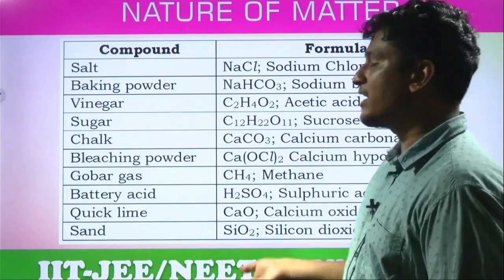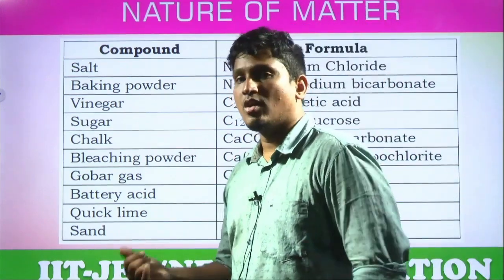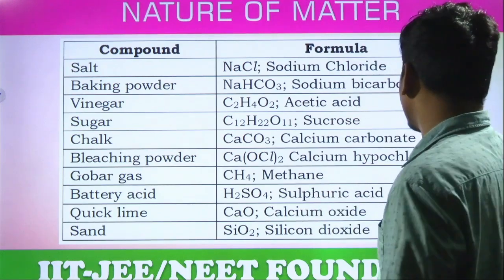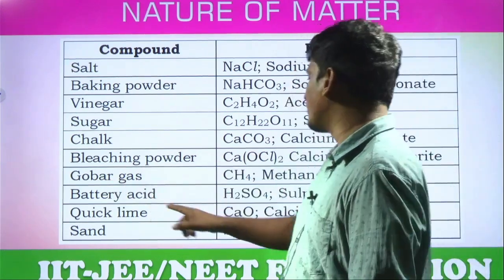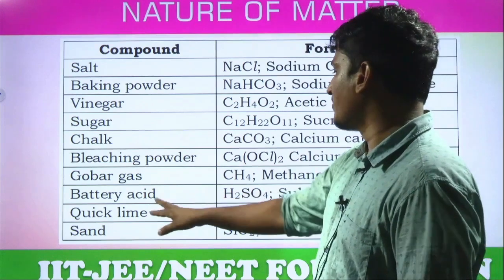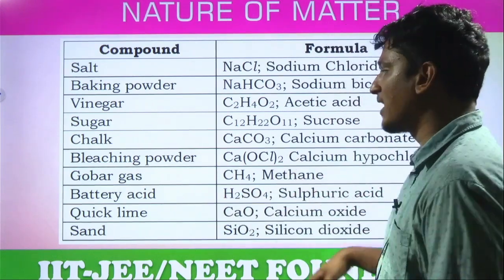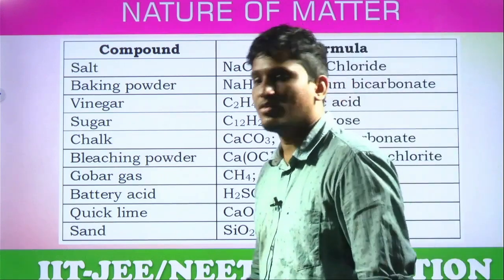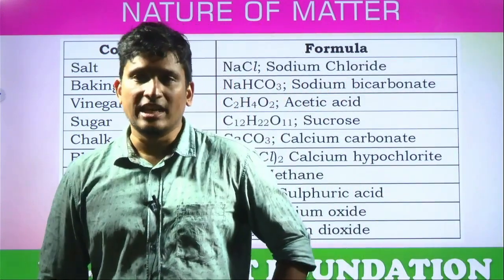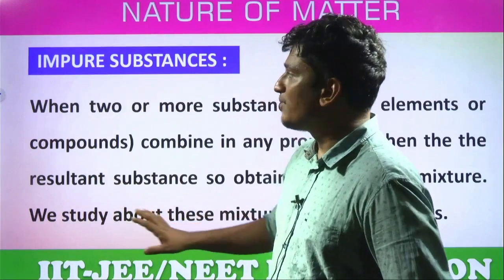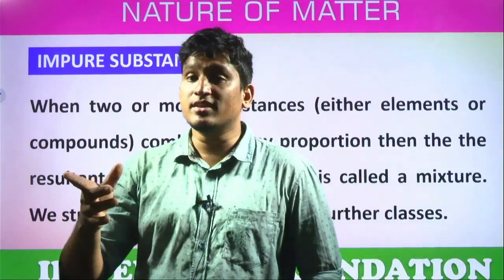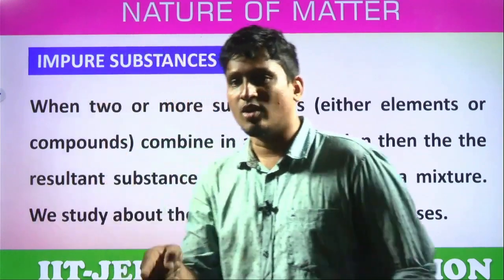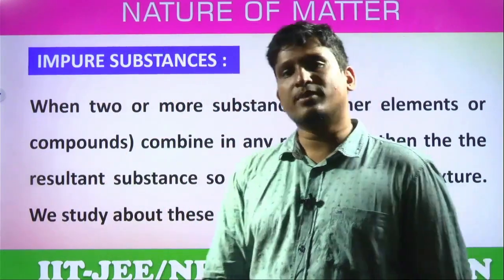Bleaching powder, CaOCl2, students, calcium oxychloride, it's not hypochlorite. Next, gobar gas, methane, right? Next, battery acid, H2SO4, sulfuric acid. Quicklime, CaO, calcium oxide. Sand, silicon dioxide, SiO2. It is made up of silicon dioxide. So these are all compounds, students. Compounds come under pure substances only. They come under the chemical classification of matter. Don't forget the order.